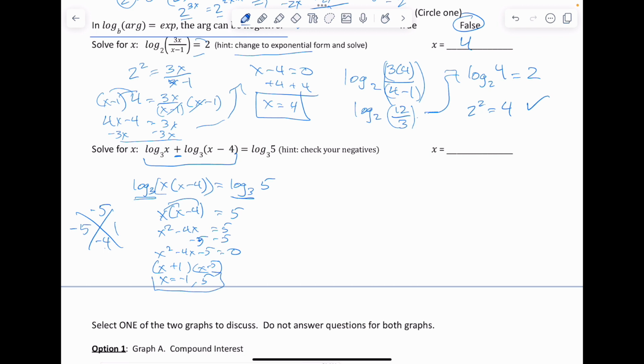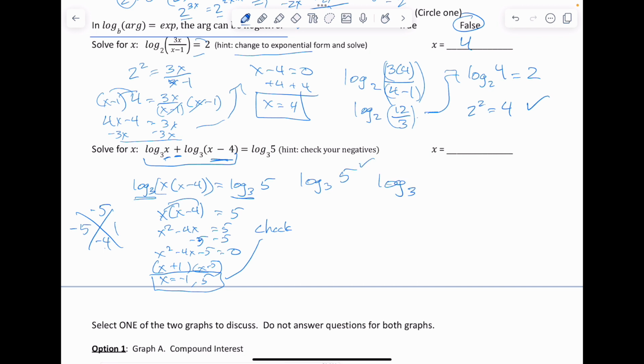Is this our answer? Not quite, because we have to check. Given that the argument inside can never be negative, we have to check them. So log base 3 of 5, that's okay.